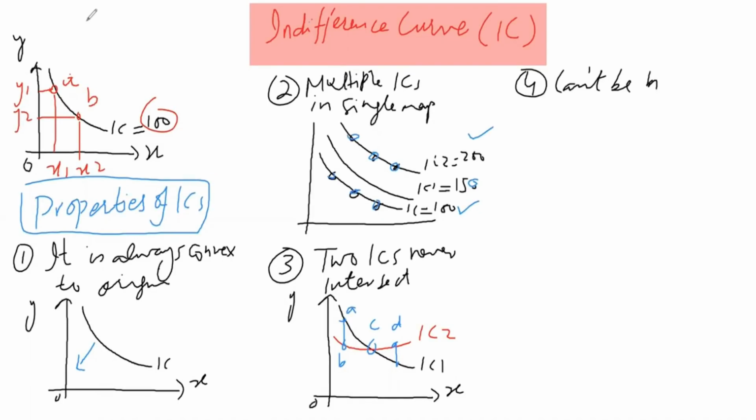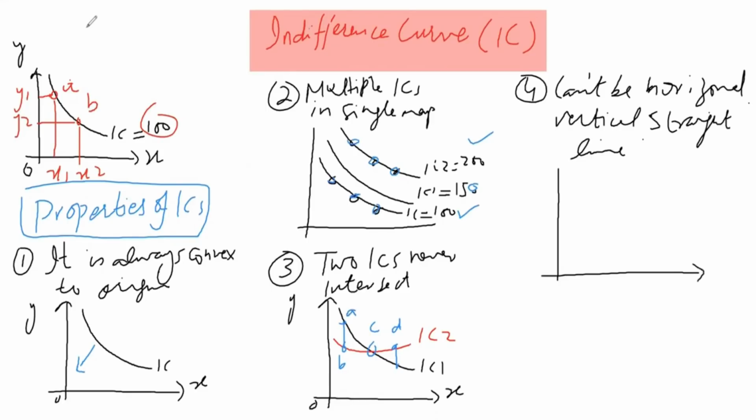At point C, both give the same level of satisfaction, and at point D, IC2 gives more satisfaction and IC1 gives less satisfaction, and it negates the previous property that a higher IC gives higher satisfaction and a lower IC gives a lower level of satisfaction. The fourth property is that it can never be a horizontal, vertical or positively sloped straight line.